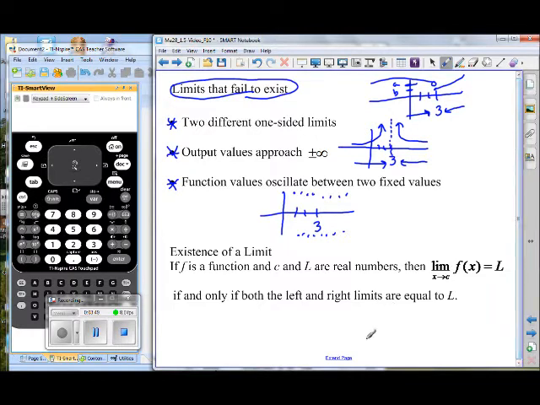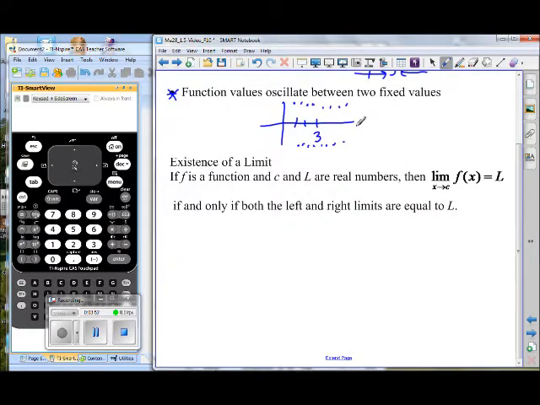We have then a statement about the existence of a limit. We'll highlight this because it's an important statement. The existence of a limit: if f is a function, and c and L are real numbers. Now let's go back and review this again.